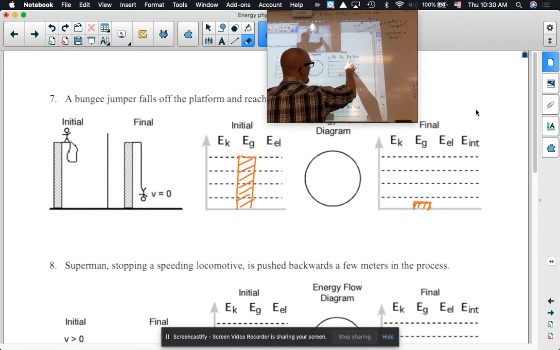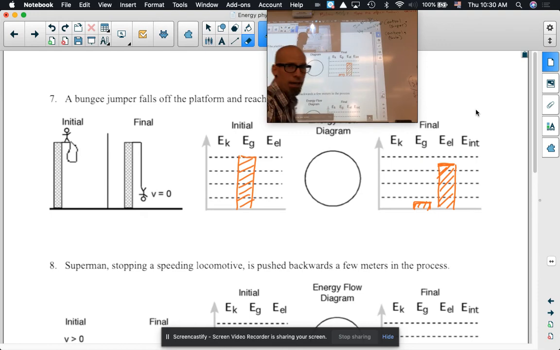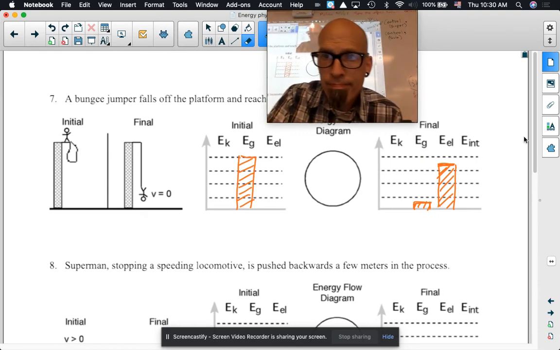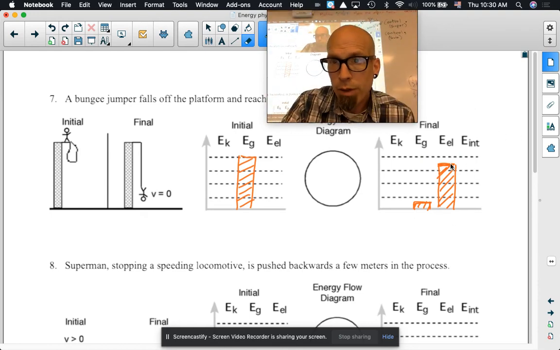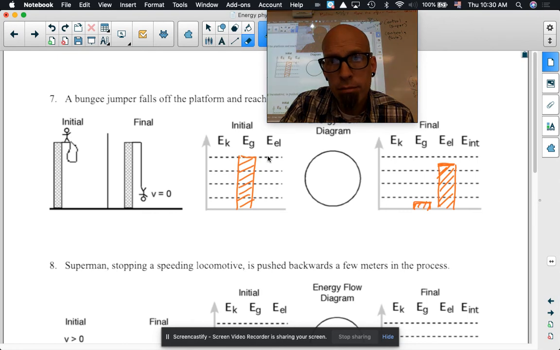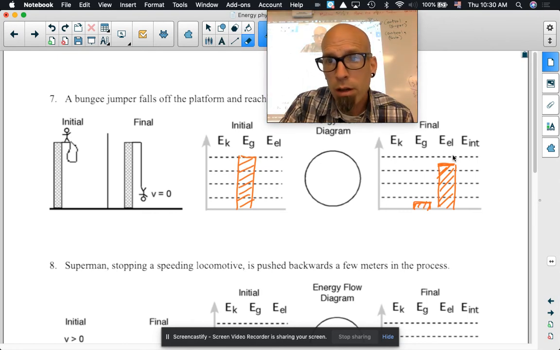And then 3.5 blocks of EEL. So again, that's a total of what? 4 blocks. I got 3.5 of that, half of that, 4 over here, 4 here, 4 here. Whatever we have at the beginning, we have to have at the end.